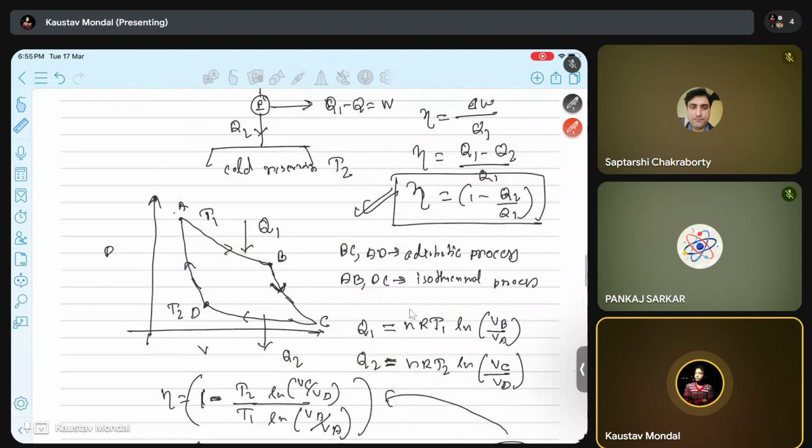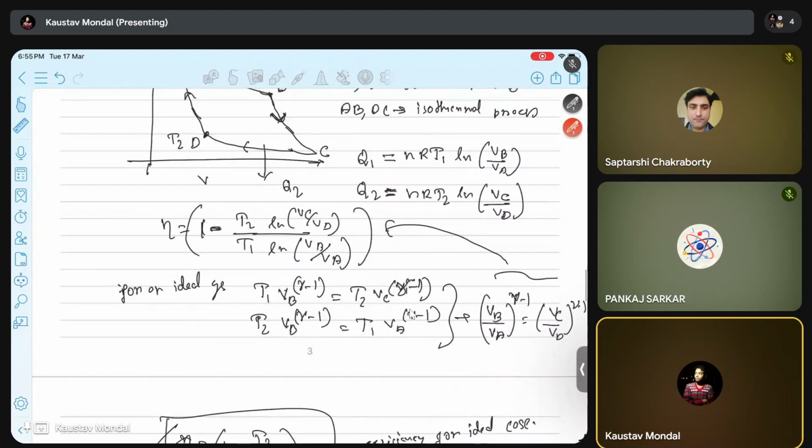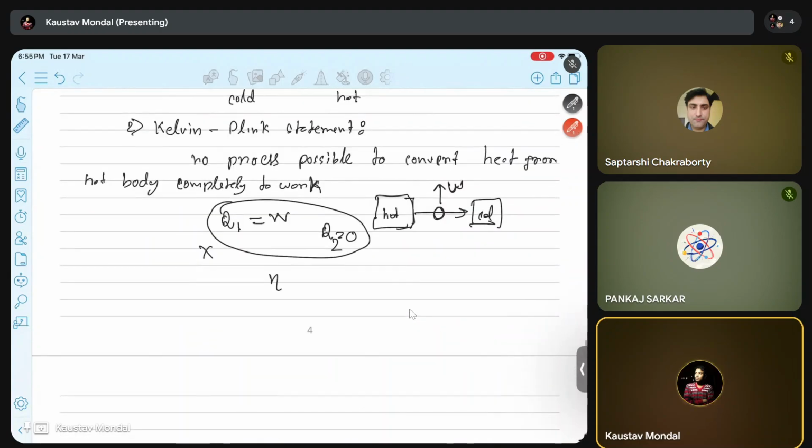If you do that, the efficiency eta, which we know is 1 minus Q2 by Q1, will become simply 1. So efficiency will become 1, and the engine would be 100% efficient. That is not possible. No engine in real life can be 100% efficient, right?